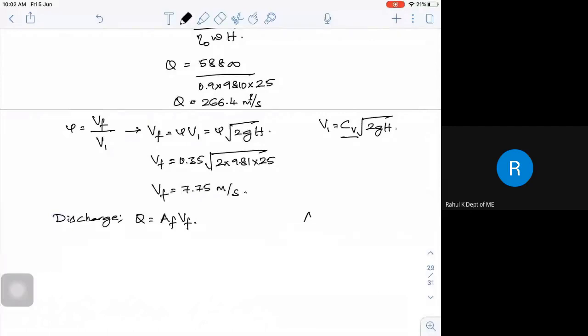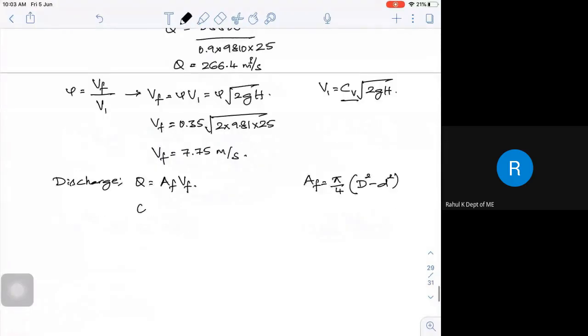Then what is the area of the flow in case of a Kaplan turbine? It is pi by 4 into the tip diameter square minus the hub diameter square.